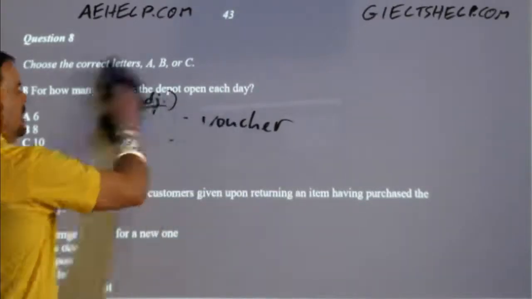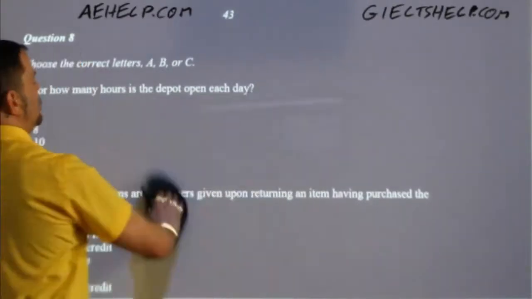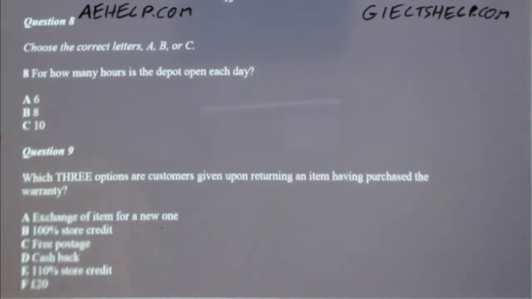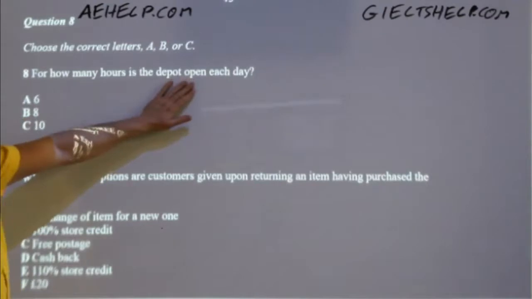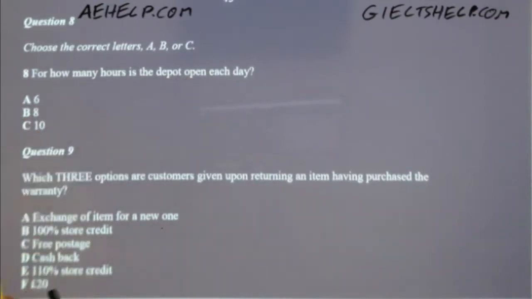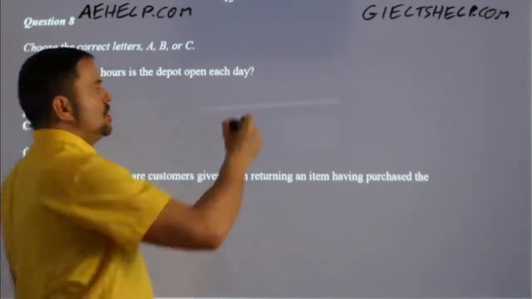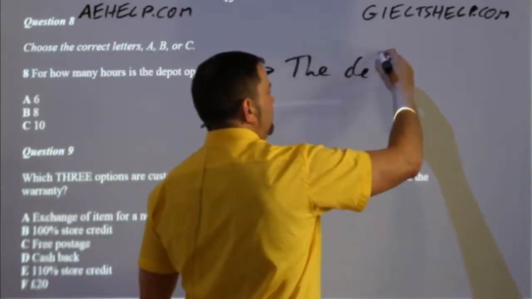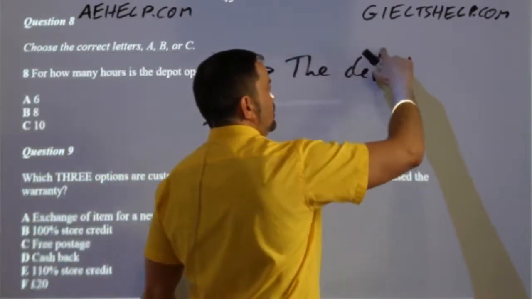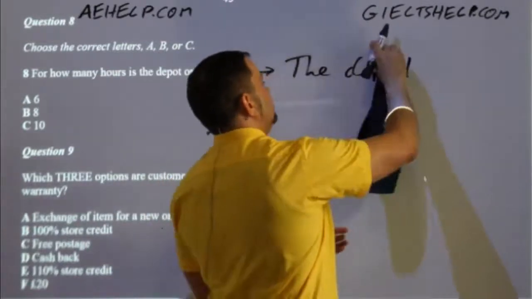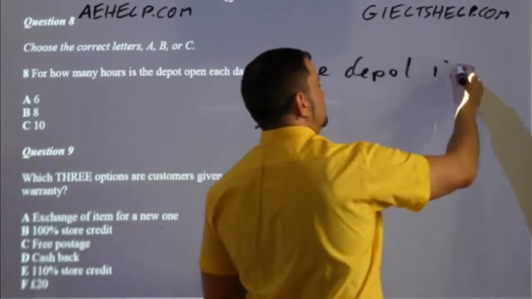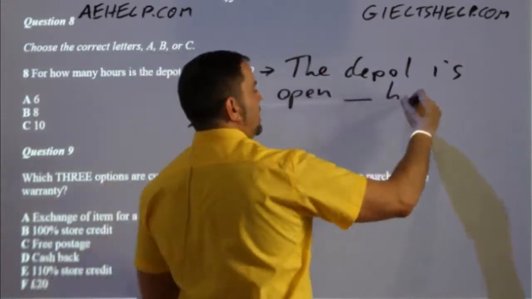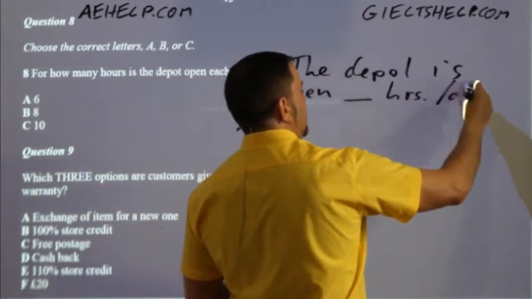So here we have a few more multiple choice questions. Number 8, for how many hours is the depot open each day? When you're reviewing this, you want to change this into a statement. So the depot is open something hours per day.